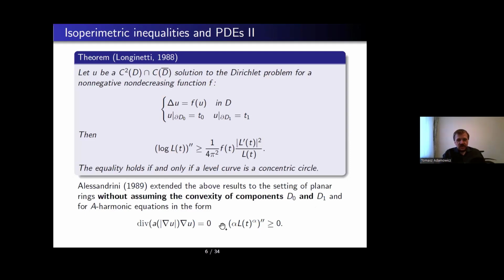Here, alpha is a parameter depending on the growth of the operator A. And equality here holds for a circular annulus and for a properly chosen p-harmonic function with p depending on the growth of the operator A.